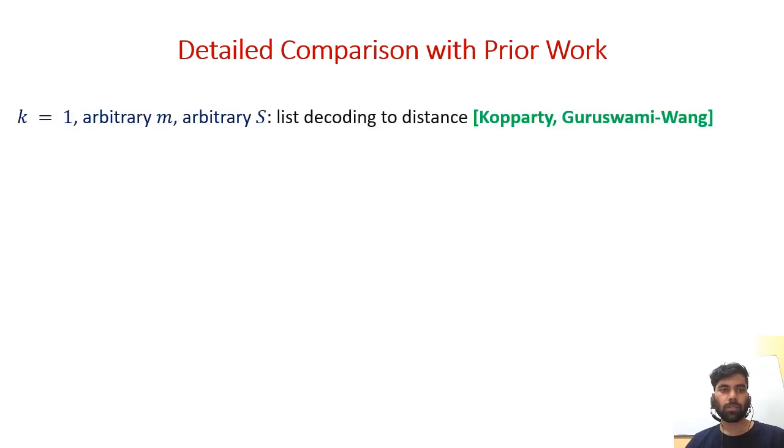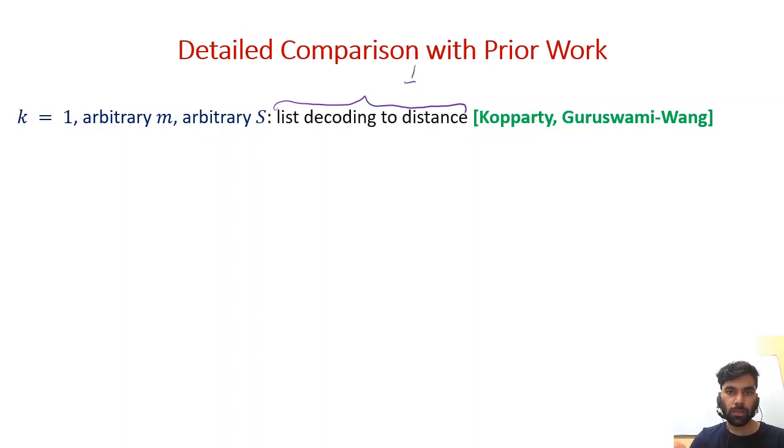So now I'll present a detailed comparison with the prior work. So let's first look at the setting of k being 1 and m being arbitrary. So this is just a univariate polynomial along with various of its derivatives being provided, and we are working over an arbitrary set of evaluation points S. This question was answered by Kopparty and Guruswami-Wang, where they show how to list decode such polynomials up to distance.